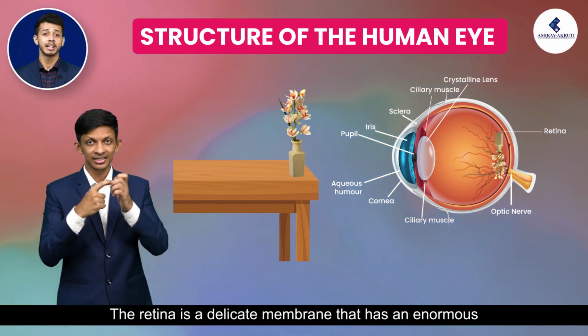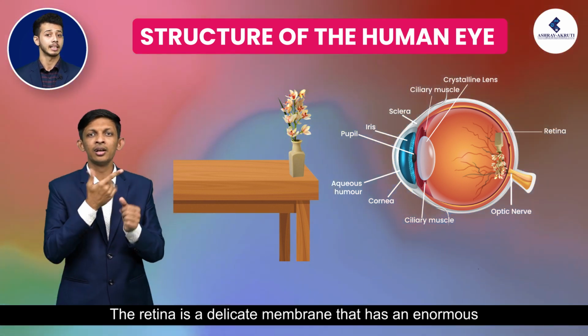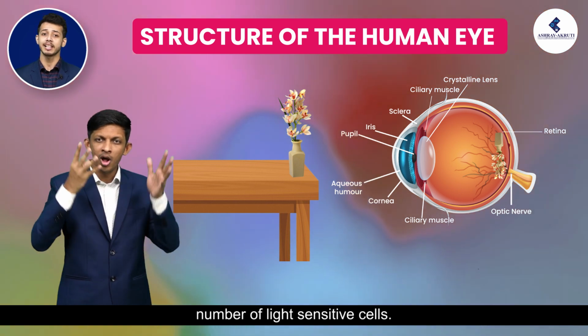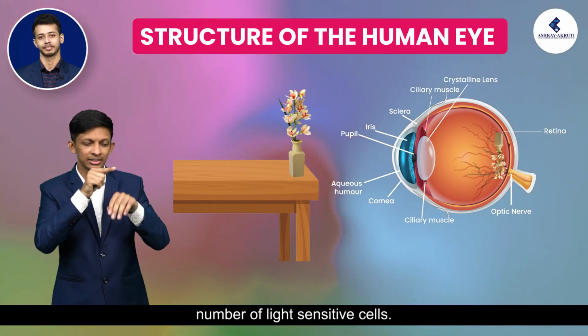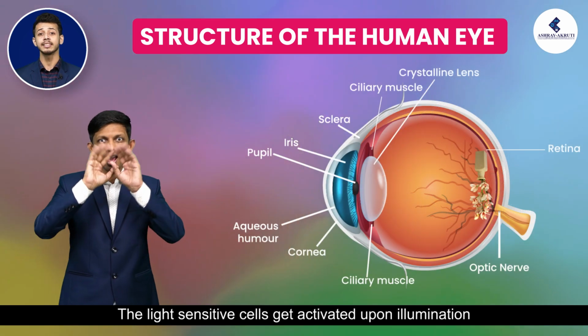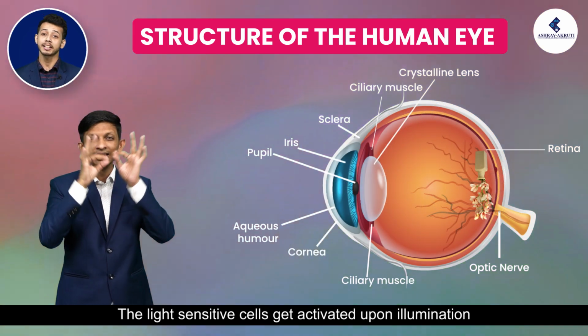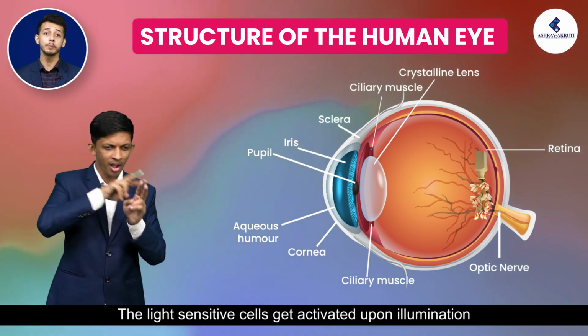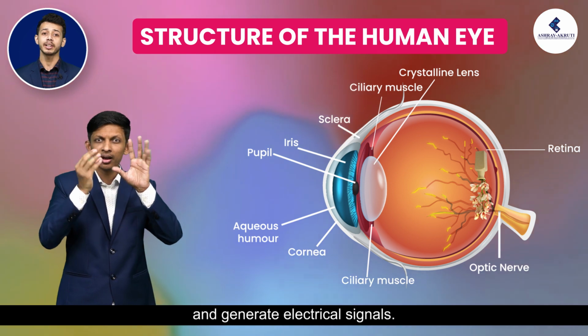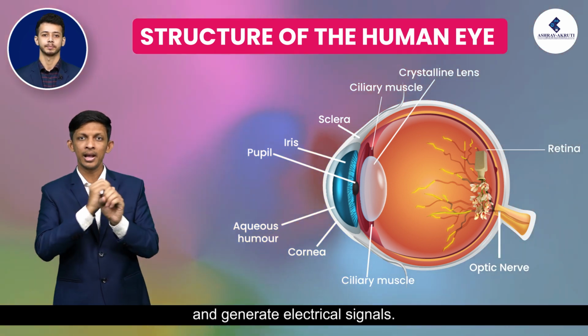The retina is a delicate membrane that has an enormous number of light-sensitive cells. The light-sensitive cells get activated upon illumination and generate electrical signals.